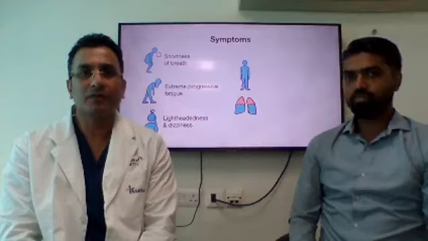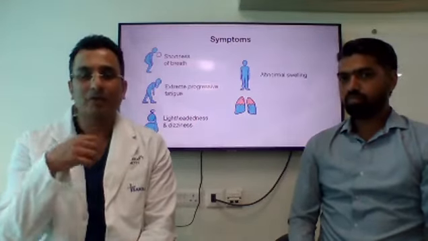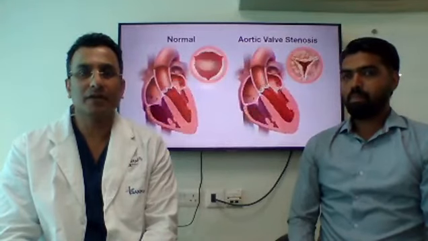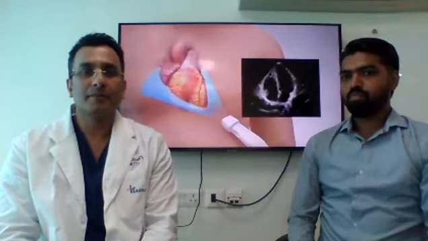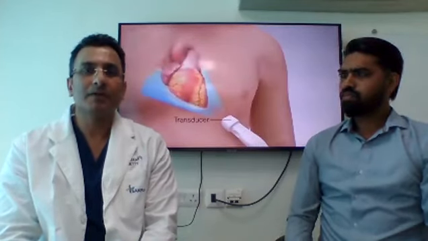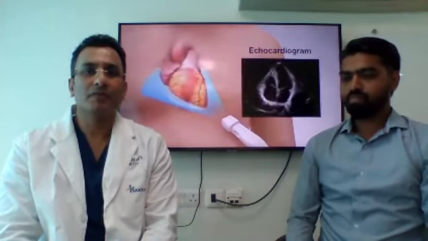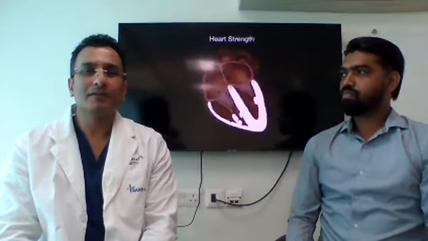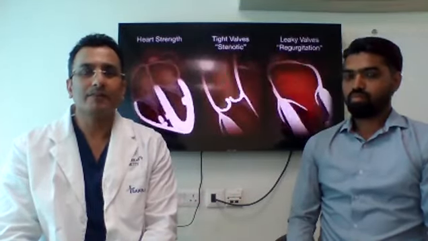When the left ventricle pumps blood, it will allow unidirectional flow of blood from the left ventricle into the aorta and not allow backward leak. At the same time, the valve will be supple enough to open and allow a free flow of blood into the aorta. So when these valves have either narrowing or leakage, we call that valvular heart diseases.